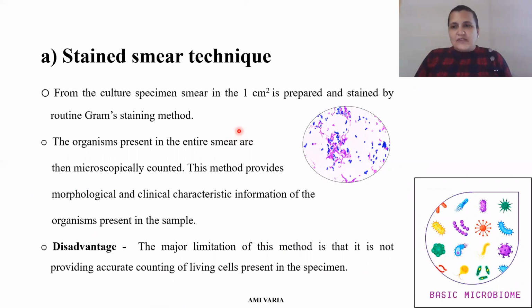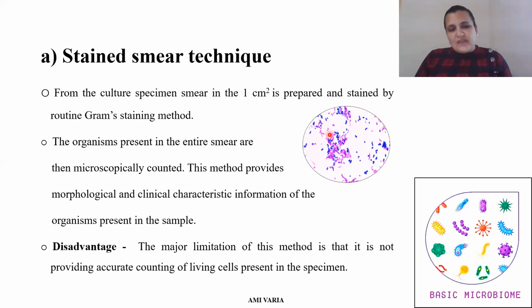The smear from the given culture sample is prepared in a 1 mm² area, and a thick smear is prepared from the culture suspension. Then the routine Gram staining method is performed.